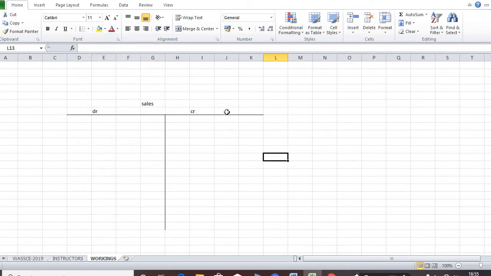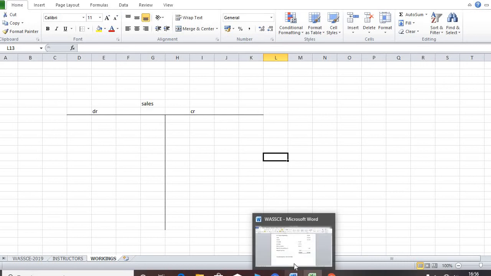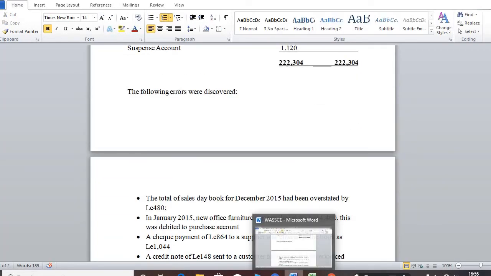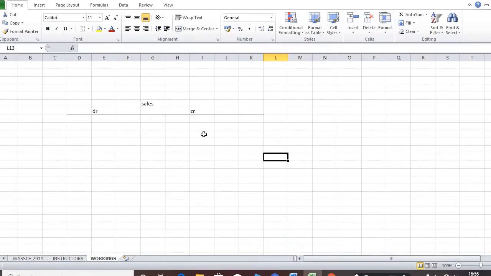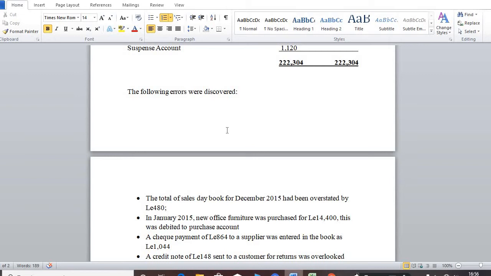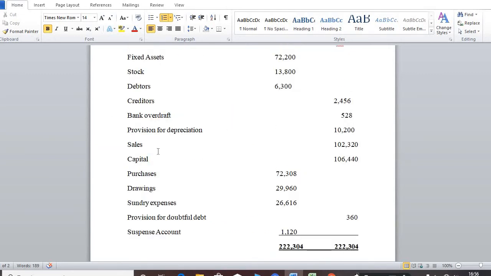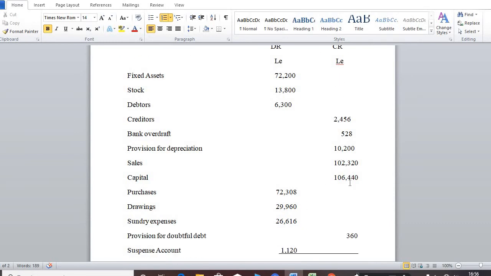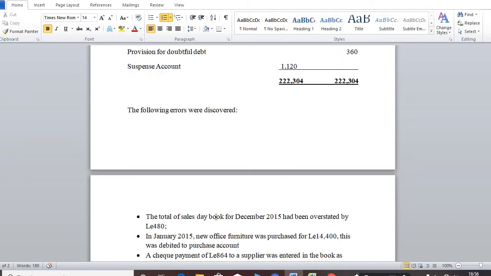So this is the sales account, debit side and credit side, and the question is that the account has been bloated by this amount. We know that sales has a credit balance, as you can see from here. So if this amount has been bloated by such a figure, how do we remove it?